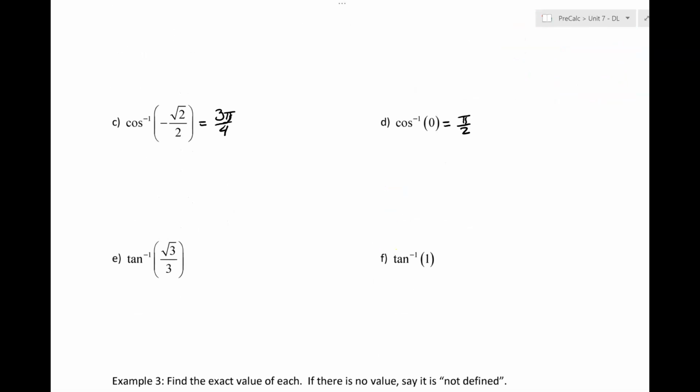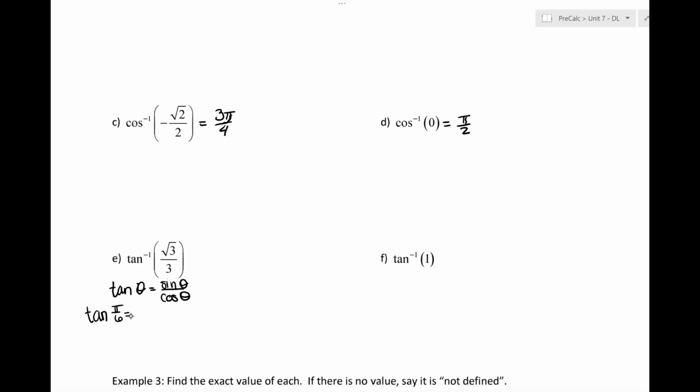Inverse tangent. Remember that the tangent of theta is equal to sine of theta over cosine of theta. Sine and cosine are the same at pi over 4, and that means that their tangent is 1. But there's 2 that we haven't seen in a while. So first is 30 degrees, so pi over 6.